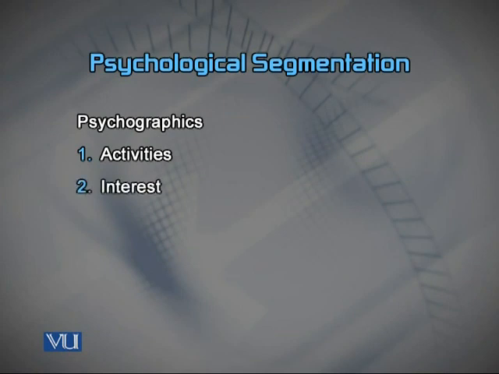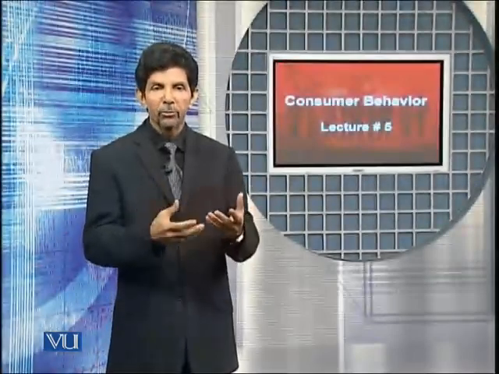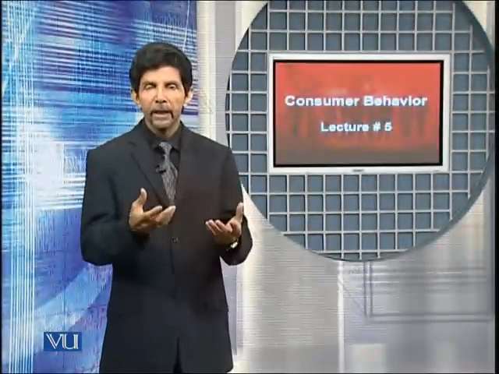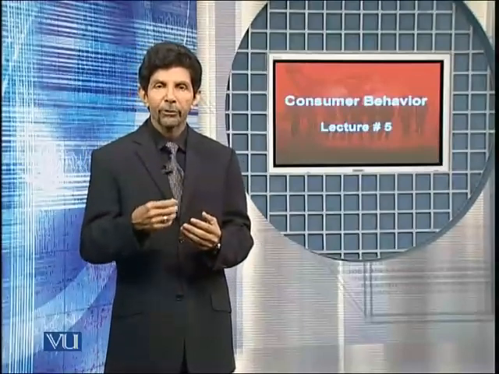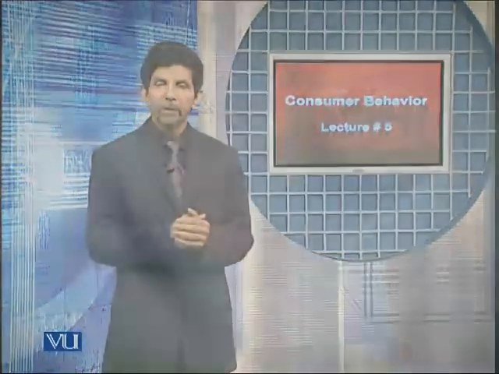The second one is interest. Now, interests are, what am I interested in? Among the various products or various services or various things that we can do in life, where do I put my interest more than in another area?